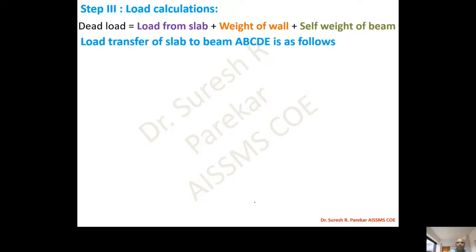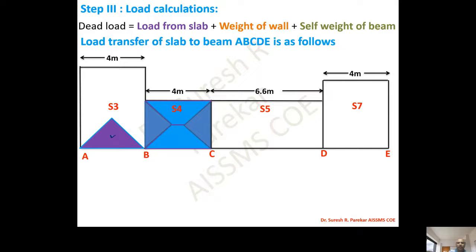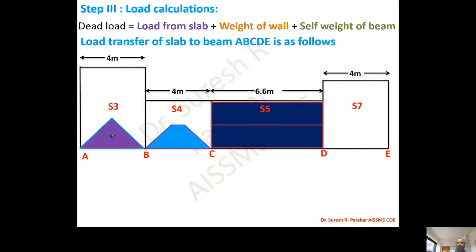Now load calculations: load from slab plus weight of wall plus self weight of beam, same as before. Now we have a two-way slab and the load is transferred in this way. On AB we have this triangle, so we have triangular load on this. For S4, again a two-way slab, so we have trapezoidal load over here.